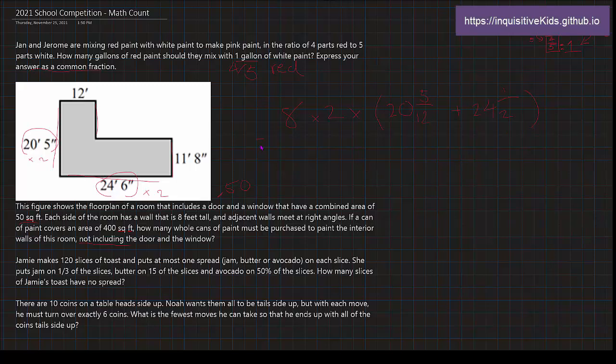So let's do this math right here. Maybe it'll be easier to leave the 8 alone. So 2 times 40, 10, 12, 5, 6, plus 48 and 1/2, plus 48 and 49 actually.